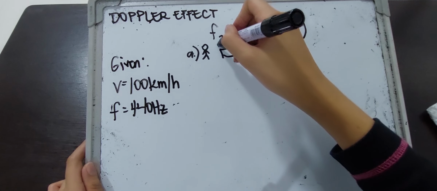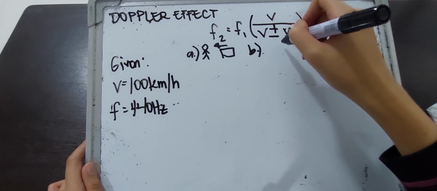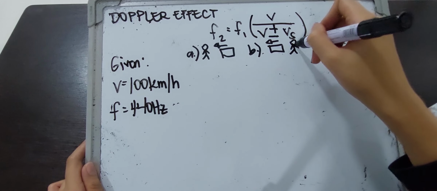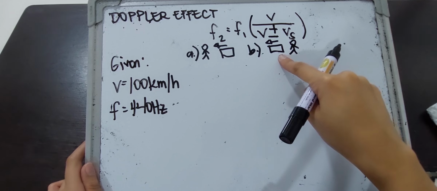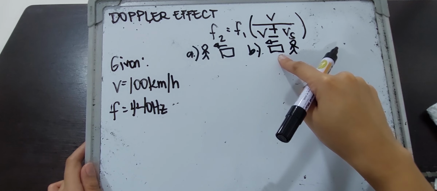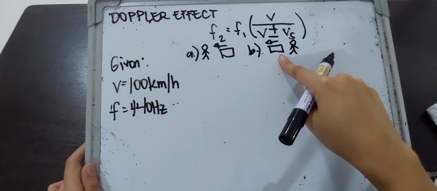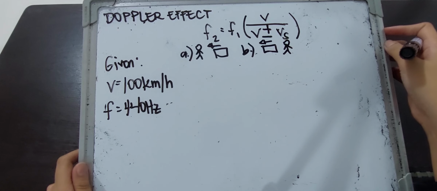As the car approaches the observer and as the car moves away, or after it passes the observer. So remember that the speed of sound is constant if the temperature is 0 degrees Celsius, and based on the problem, the temperature is 0 degrees Celsius.